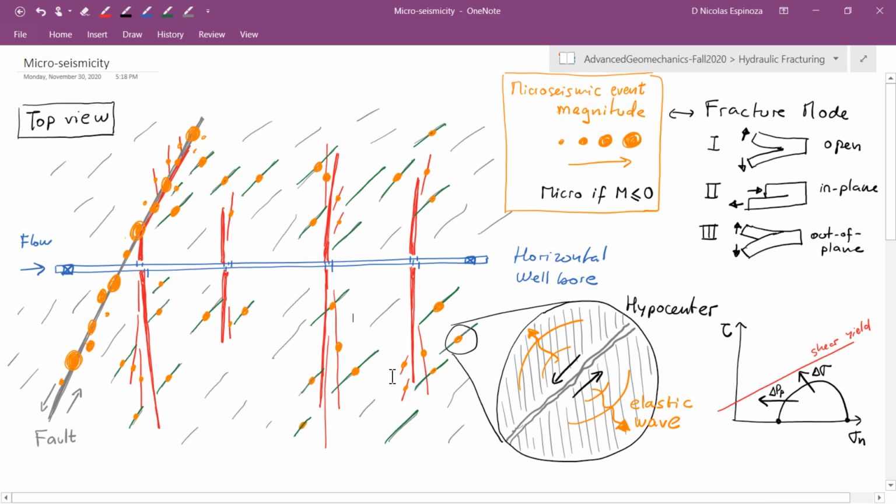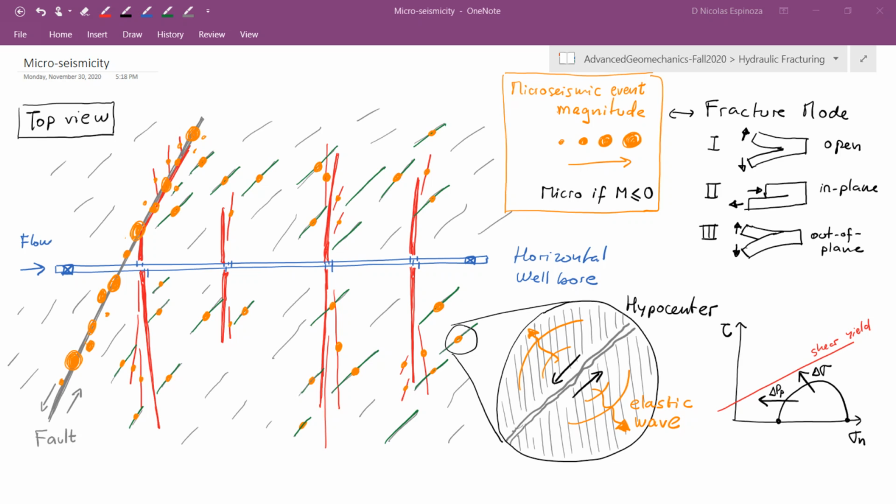But in some other locations, it might happen that just the presence of the fractures may alter the state of stress such that the new state of stress reaches the shear yield without much contribution of the change of pore pressure in the rock. Both can happen.